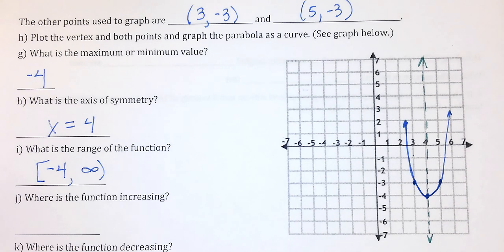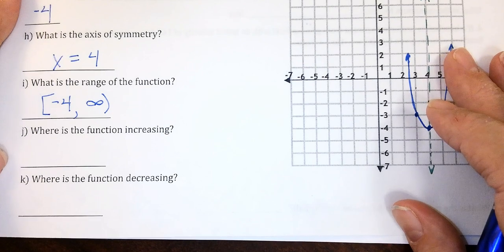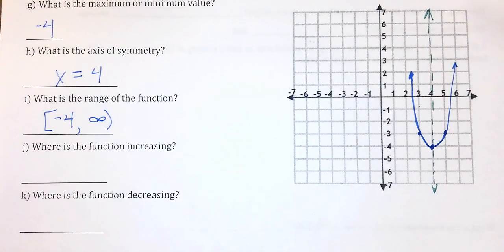All right, increasing and decreasing. Increasing is where the function is going up from left to right, and these have to do with x values. So our x values here, let's see. If I start on the left side of this graph, it's going to come down. That's decreasing.